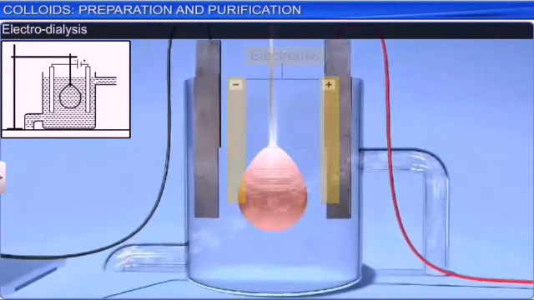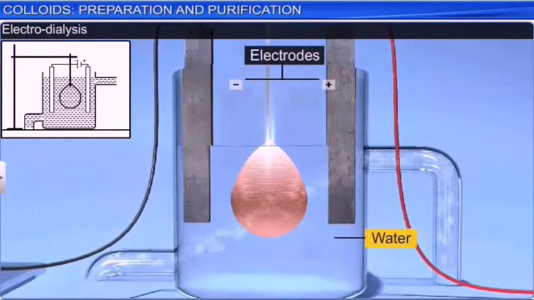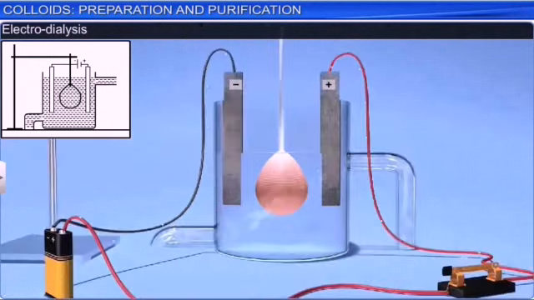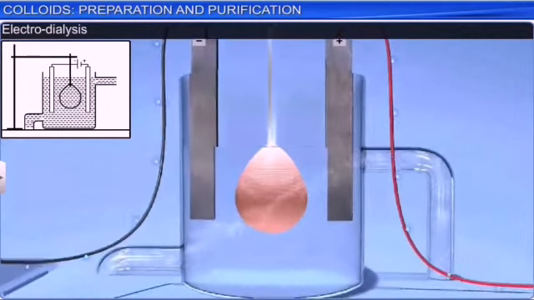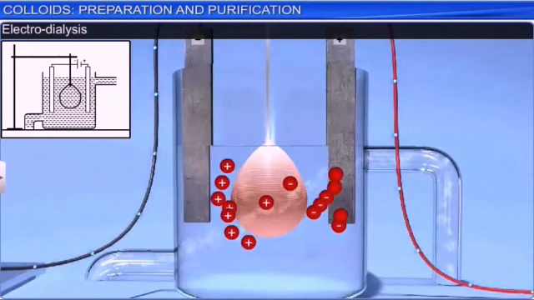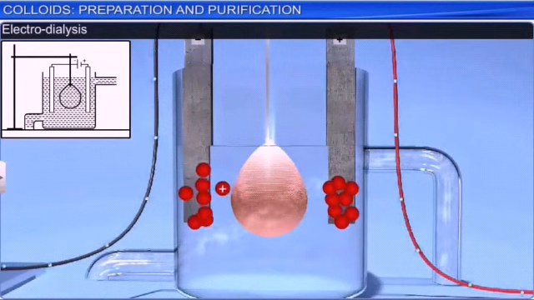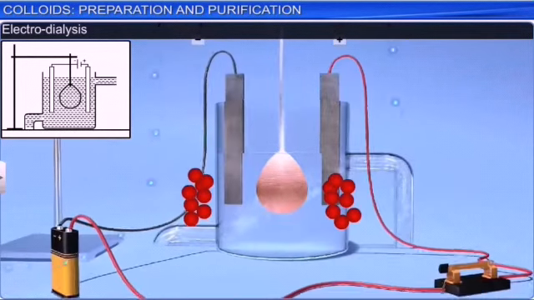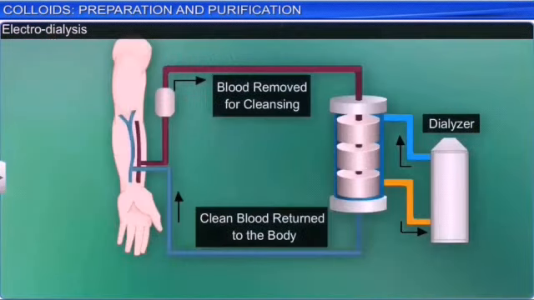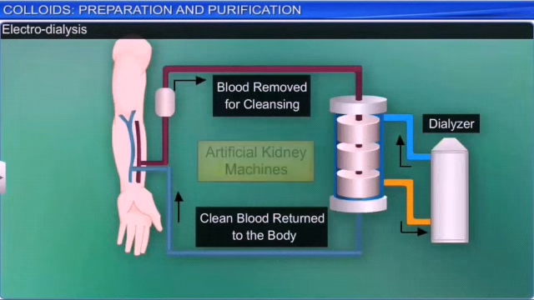When an electric field is applied across the electrodes, the ions of the electrolyte present as impurities diffuse towards the oppositely charged electrode at a faster rate. An important application of dialysis is in artificial kidney machines, where it is used to purify the blood of patients whose kidneys have failed.